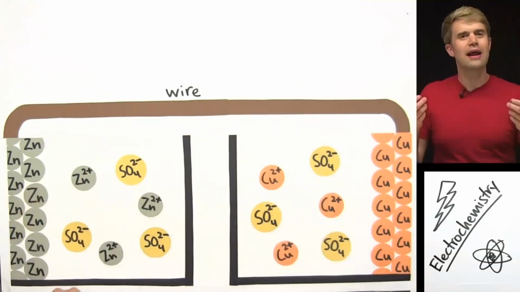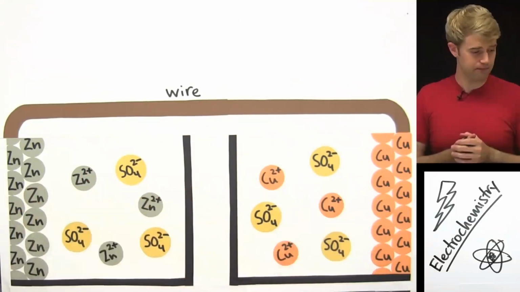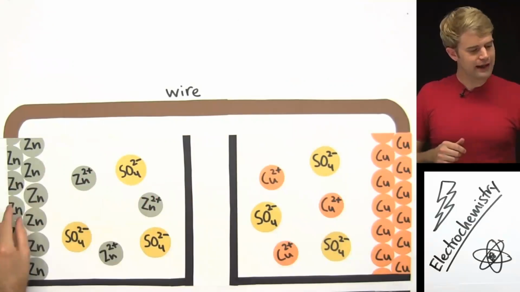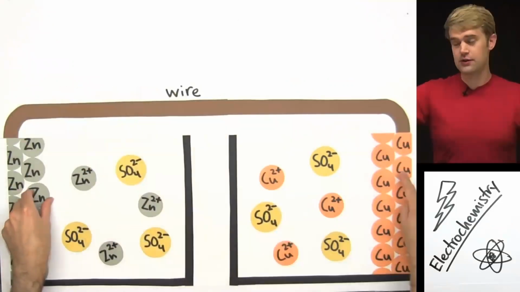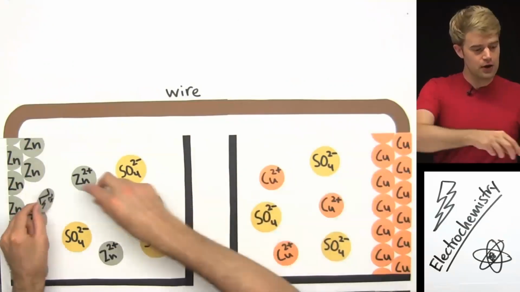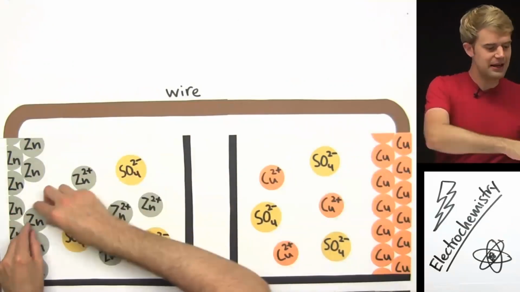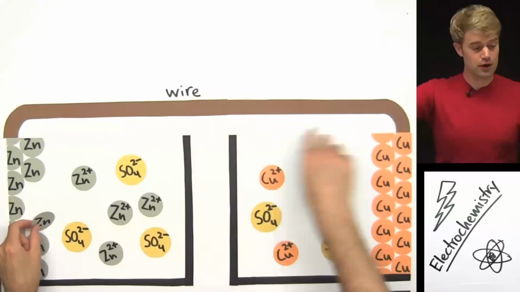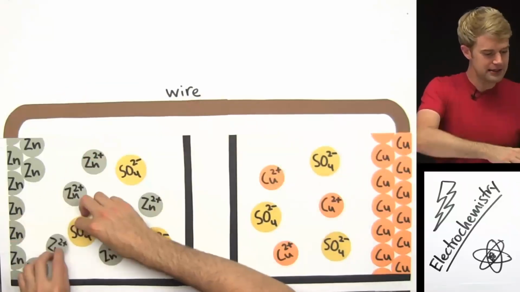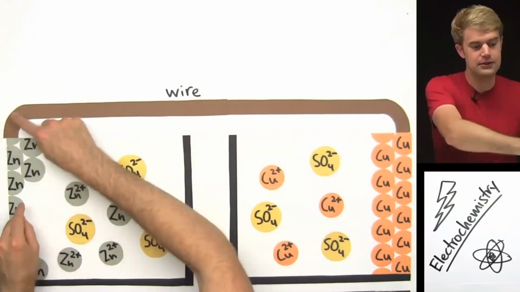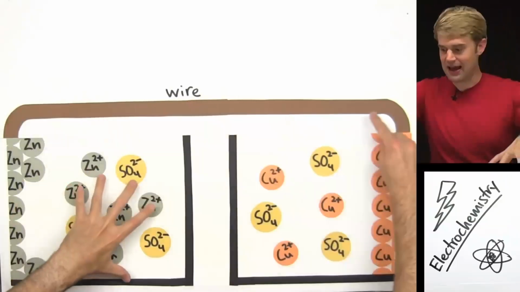But let's look at what happens as the voltaic cell begins to run for a while. Over here, these zinc atoms are going to give electrons to copper. So they are going to end up with a charge. I'm not showing the electrons here, but electrons are getting sent up here as these turn into Zn2+ ions and as they enter the solution.